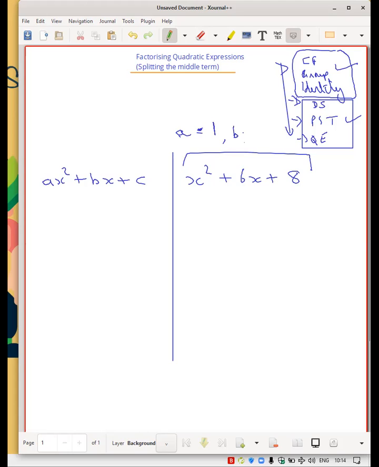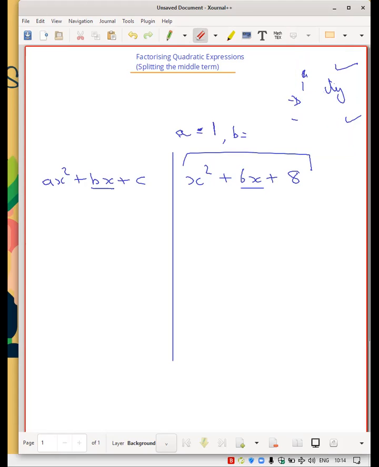What is the value of b? B is the numeric coefficient of x. Krishna, look over here.